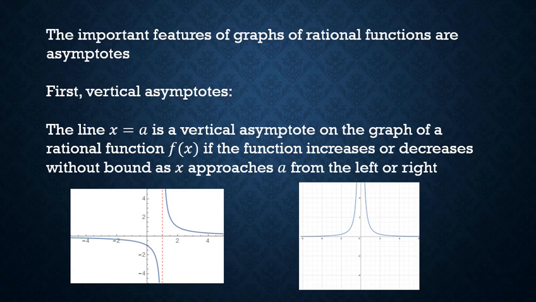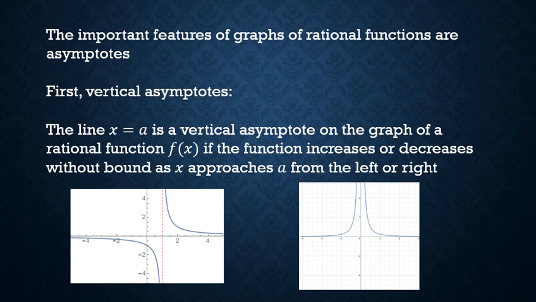In the graph on the left-hand side here, this vertical line here is x is equal to positive 1. We see that as we approach negative 1 from the left-hand side, the function in blue here is shooting down. It's shooting down very, very fast. As we approach 1 from the right, this function is skyrocketing up very, very quick.